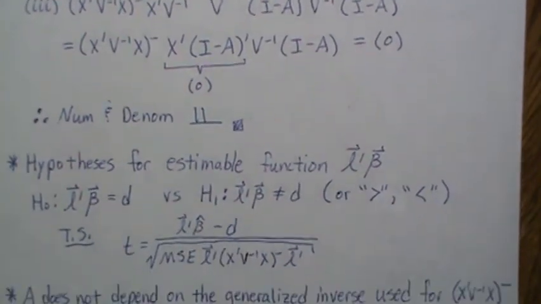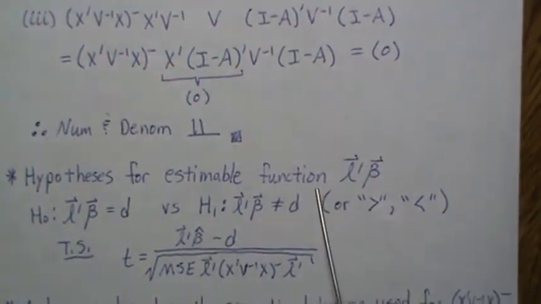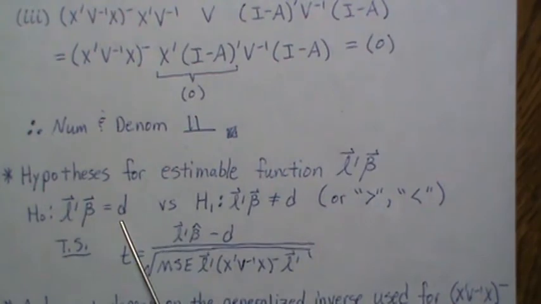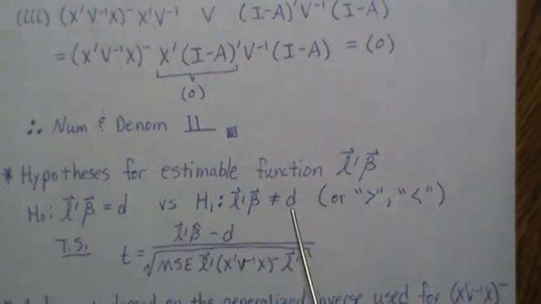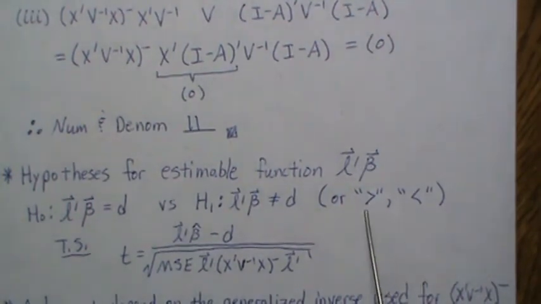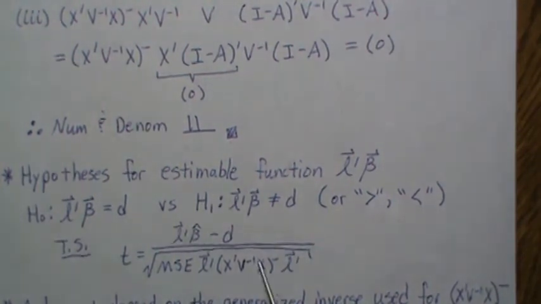Now the hypothesis for the estimable function is: the null would be that this linear combination is equal to some value, say d, versus the linear combination is not equal to d. And we could of course use one-sided tests here if we desired, but the test statistic becomes this.